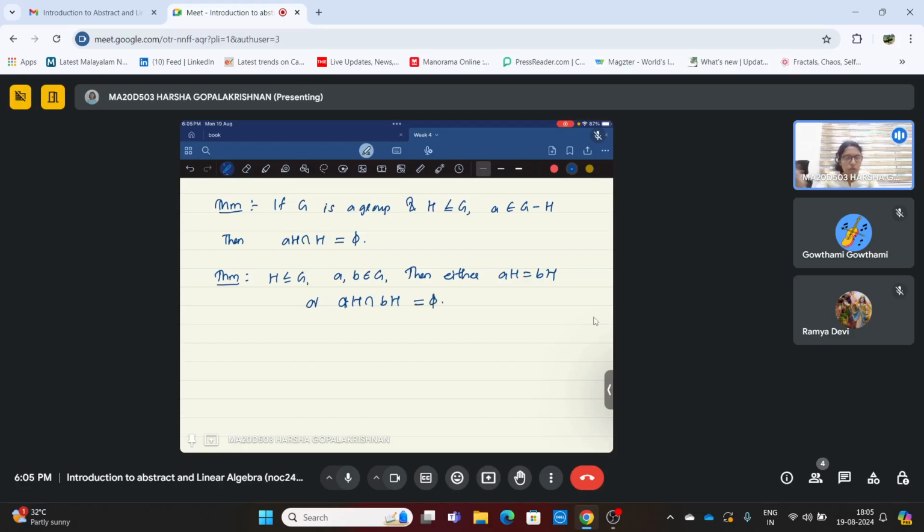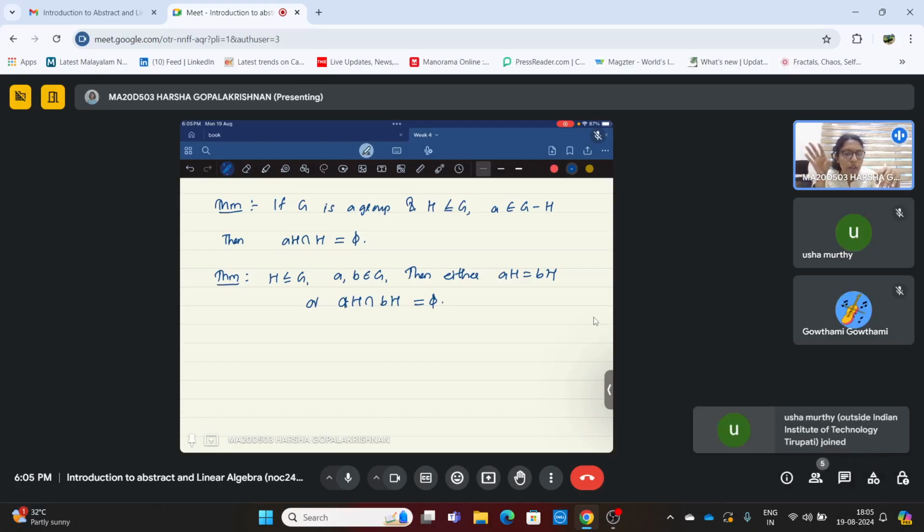I am not going into the proof of all these things. If we consider all the left cosets, this theorem holds for the right cosets also. So we have only two possibilities: either both these cosets are the same or they are disjoint.